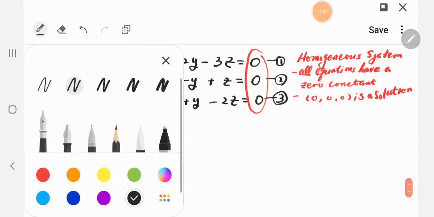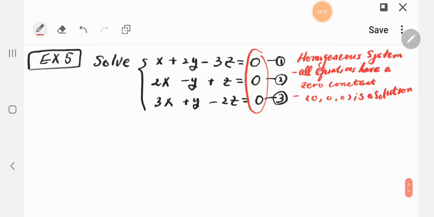Alright, since equation 1 starts with x, why don't we get rid of 2x and 3x using the first equation? I will multiply the first equation by negative 2 and then add it to the second equation.